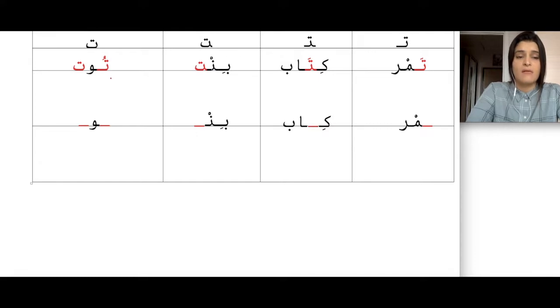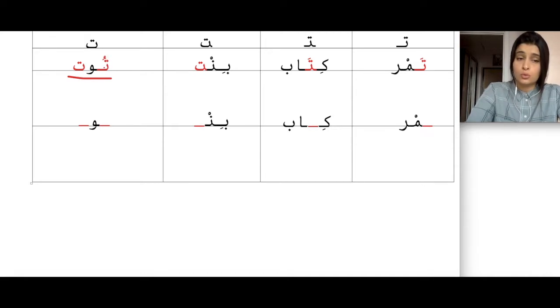And now we have the last word here. In this word we have two letters Ta, at the beginning of the word and at the end of the word. The word is toot. We have Dhamma above letter Ta, and then we have a long vowel sound Waw, which is pronounced like oo.